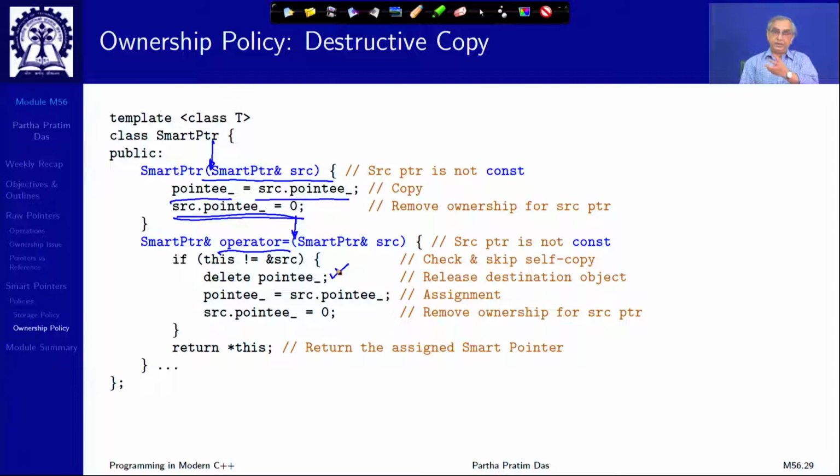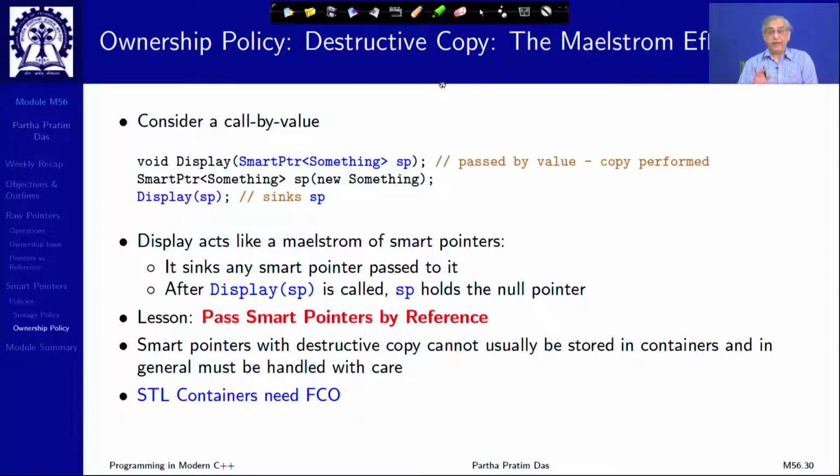The earlier object that you are pointing to, you are the only person who is pointing to it, because you are unique, exclusive. So, that object's lifetime has to also end. So, you delete that, copy from the source and set the source to null. So that you have taken the entire ownership. This is what is known as destructive copy, which is the core idea of exclusive ownership.